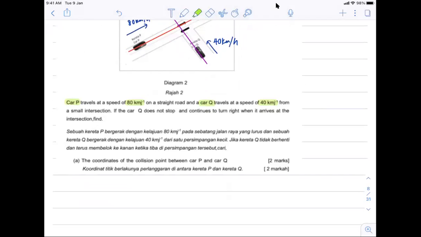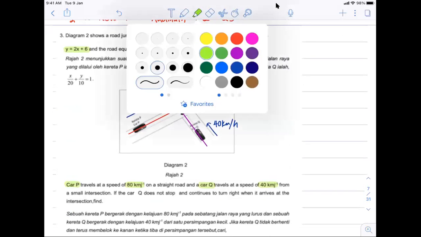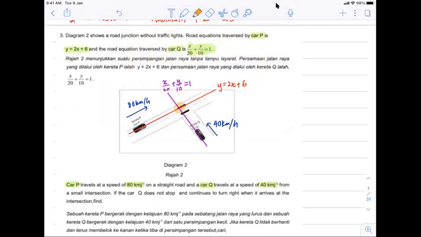We can look at part A. Part A wants us to find the collision point between car P and car Q. See that this part is the collision point.